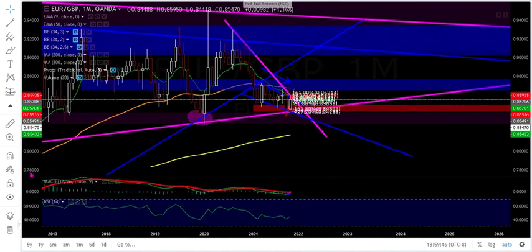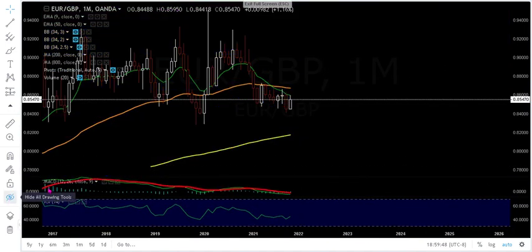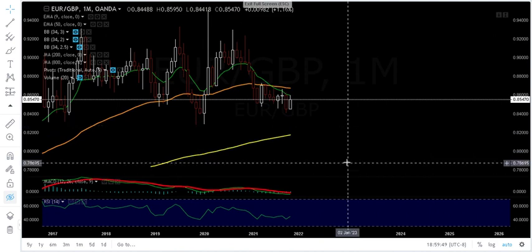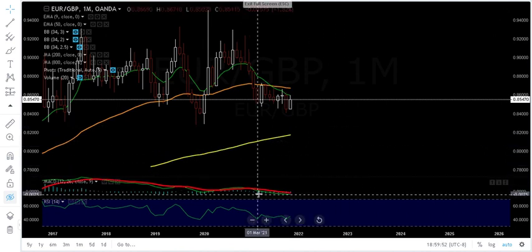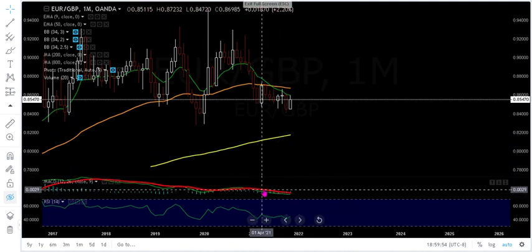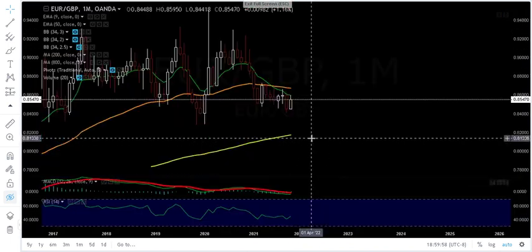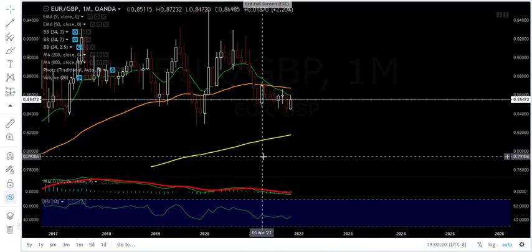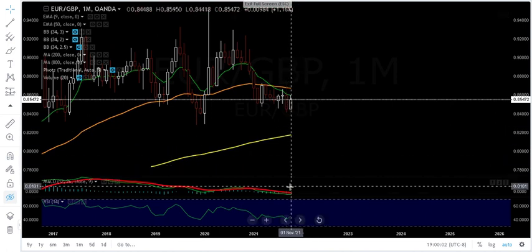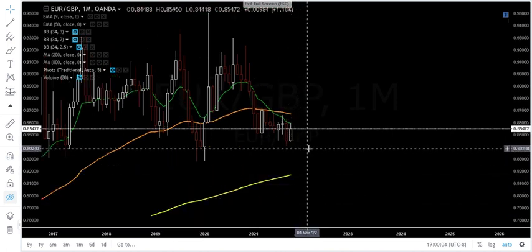Any divergence on the monthly? No. Nothing. All right, no divergence.